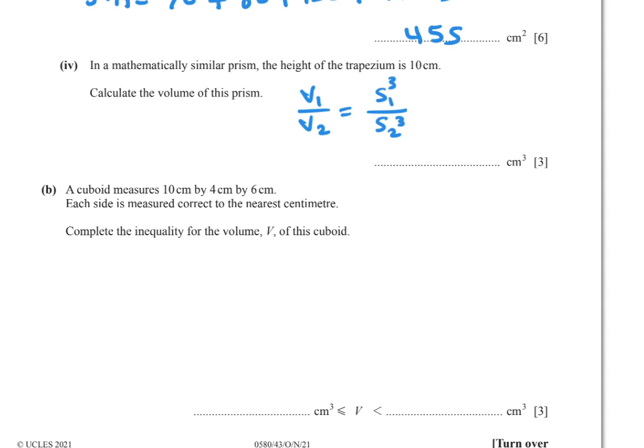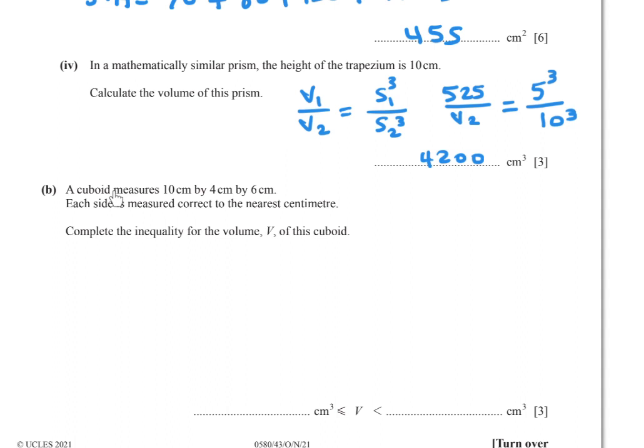The volume of the original prism is 525, and we need to find the volume of the second prism, equals height to the power 3, so 5 to the power 3 over 10 to the power 3. Now cross multiply to find the volume of the second prism. So the volume equals 525 times 10 to the power 3 divided by 5 to the power 3 equals 4,200 centimeter cube.